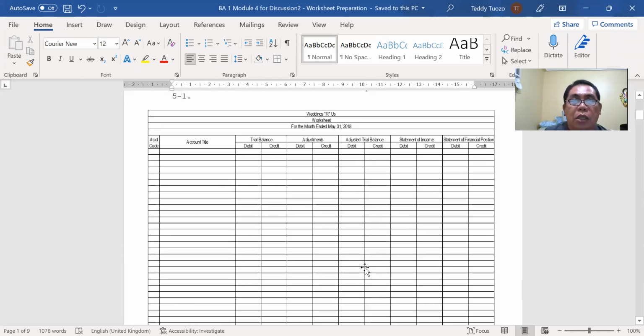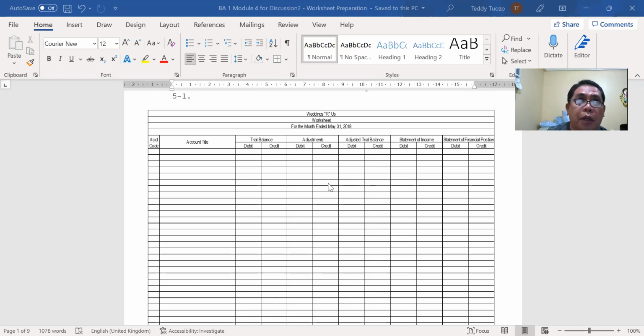Okay, so again, this is how the worksheet looks like. Note that the worksheet has a heading, which is again given 5 points. You should have the complete title: the name of the business, the title of the summary device, which is worksheet, and then for the month ended or for the year ended, and specify the month or the date and the year.